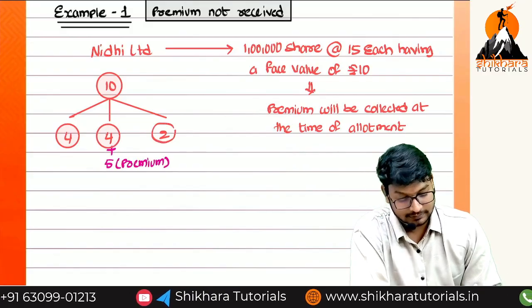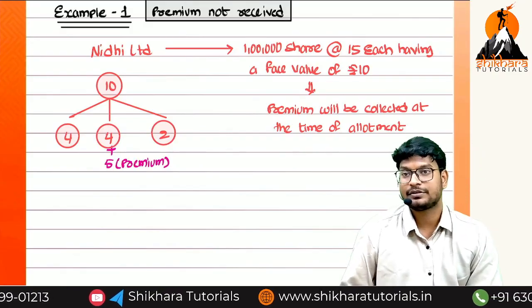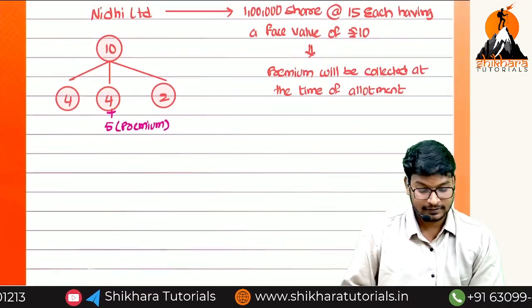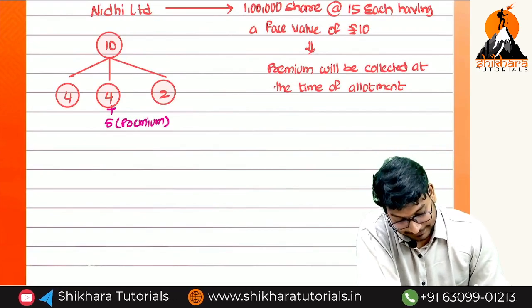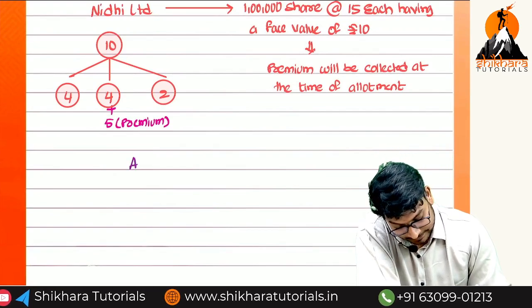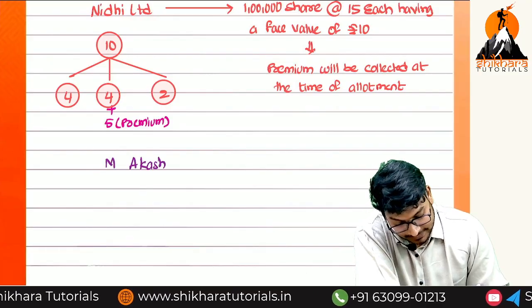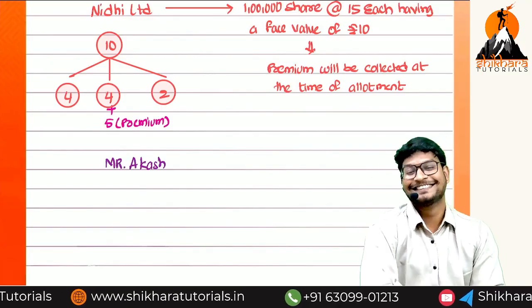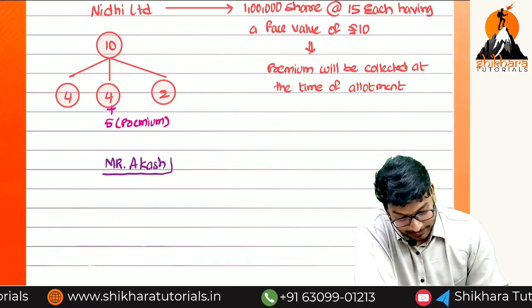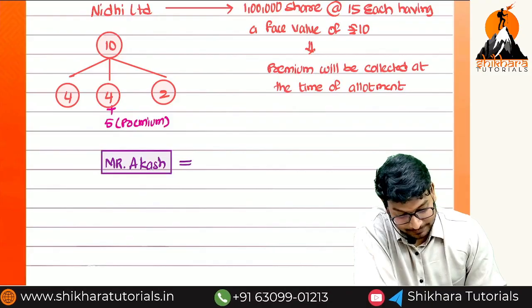Forfeited means we should have calls in arrears. So we have to take one defaulter, imagine Mr. Akash. Mr. Akash is a good defaulter now.